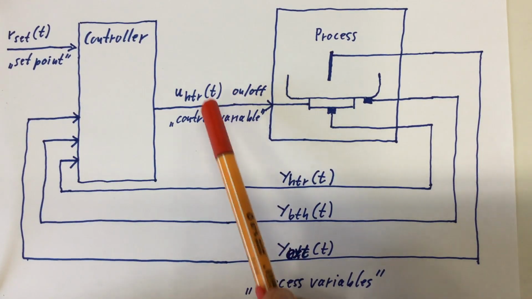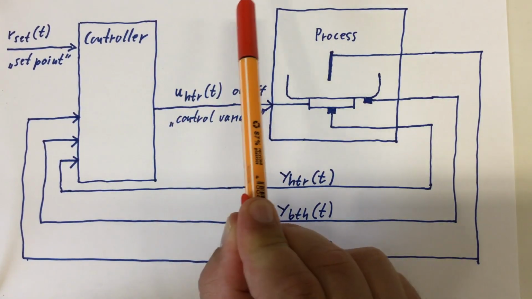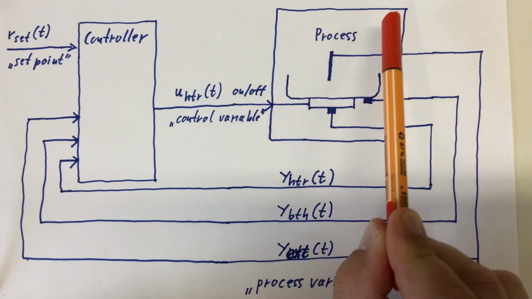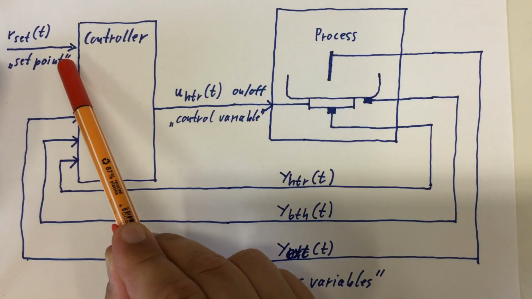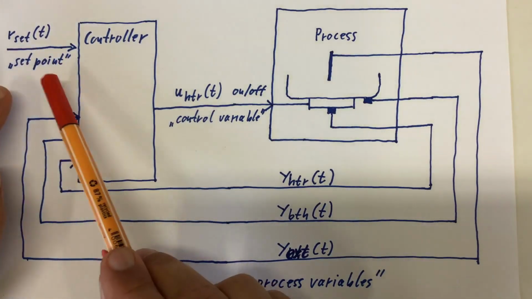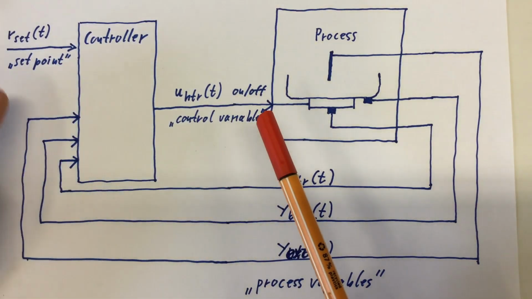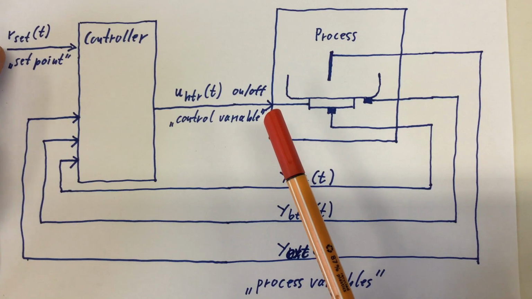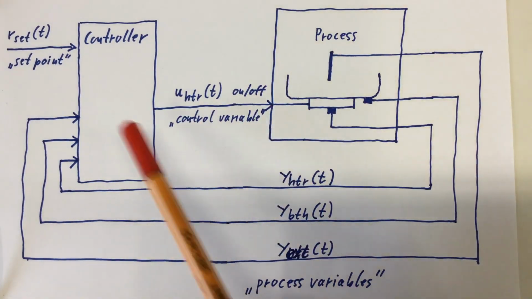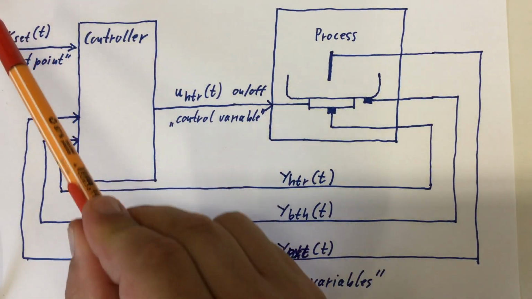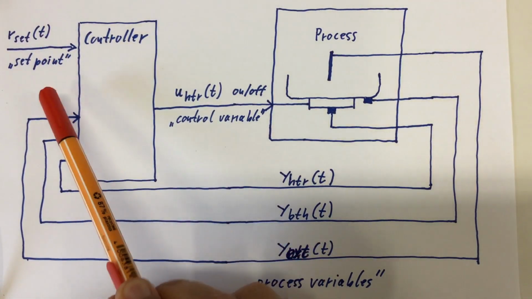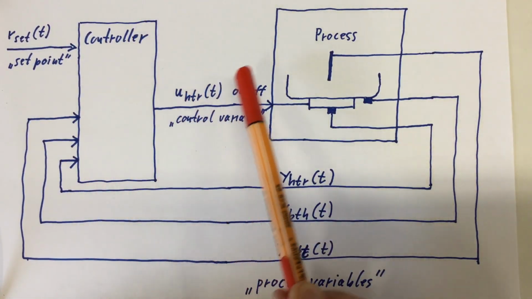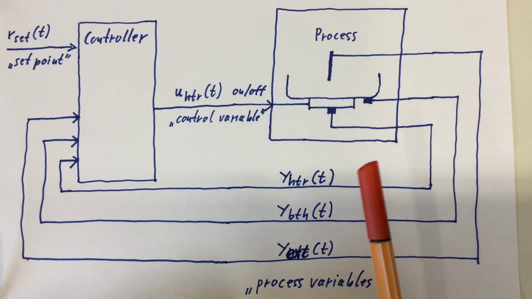And that's also a function over time because we can switch it on and off over time. And then we have what's called a set point, and in control theory they use an R for set points, so I just called mine R set. A function of t again, because our set point might also change over time.